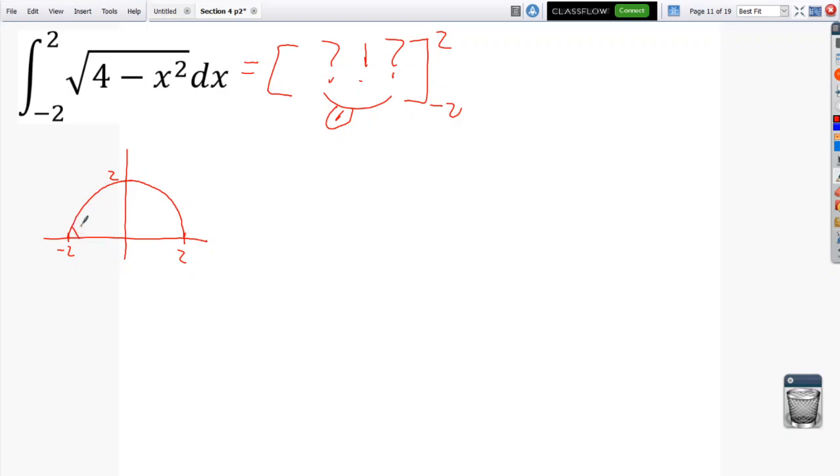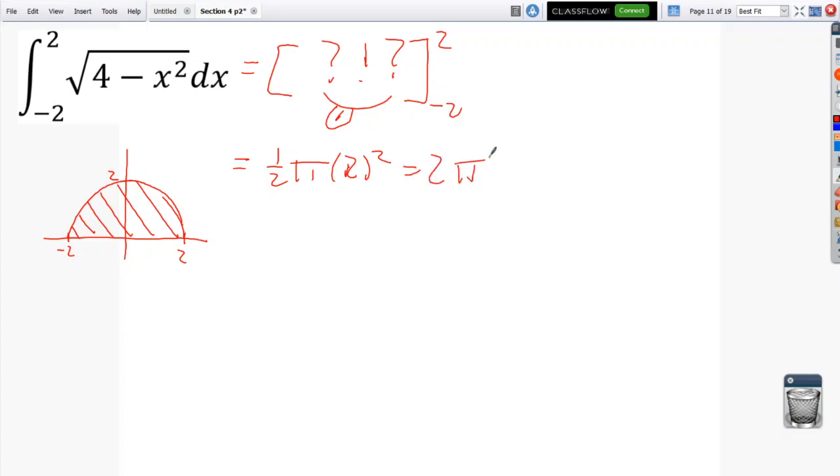Now this integral is talking about the area of that shaded space. That shaded space is a half circle with a radius of 2. Legitimately, the only way that I know to calculate this definite integral without a calculator is by doing half of pi r squared. So half of 4 pi would give me just 2 pi.